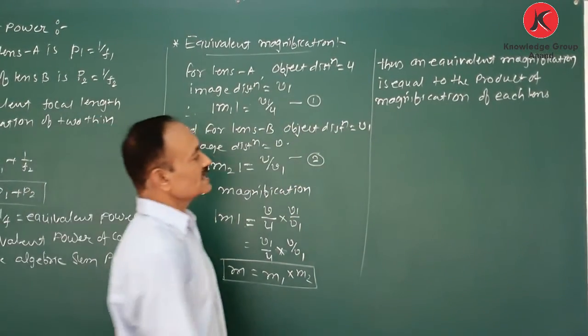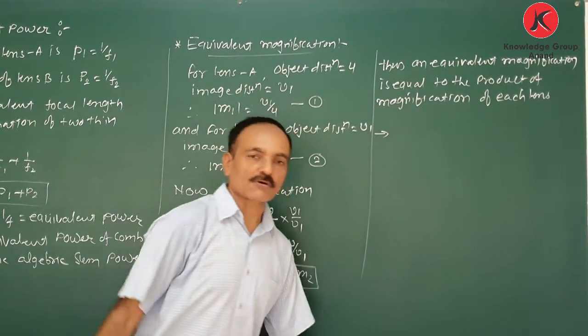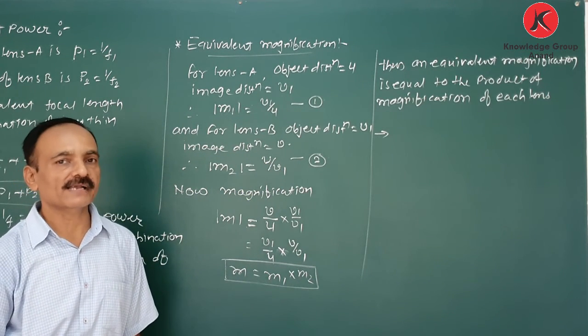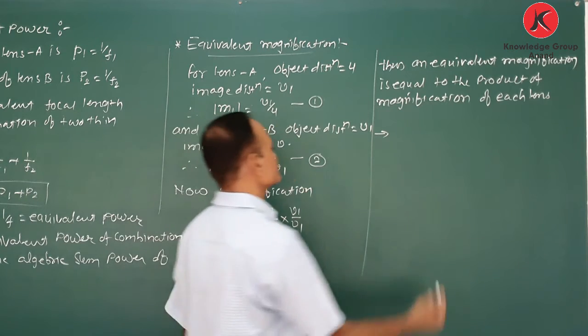Okay. What is the use of this combination? The combination of lenses is used in camera, telescope, microscope, and optical instruments.